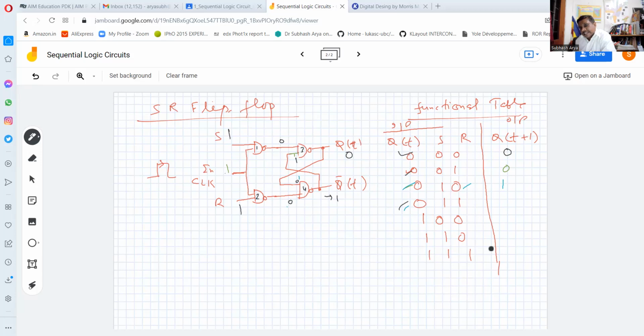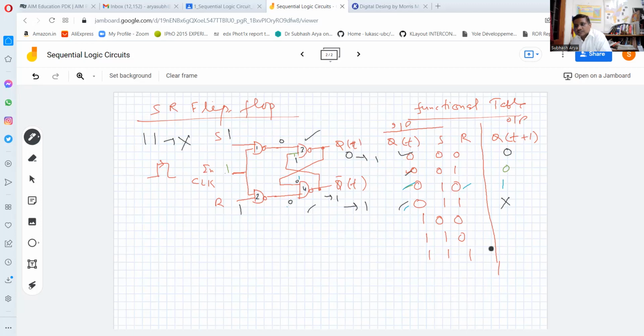So there will be some race between NAND gate number 3 and NAND gate number 4. Both want to give logic 1. But as we have seen in the case of NAND latch, when both inputs are 1, this was the forbidden state, or indeterminate state, which cannot be determined.